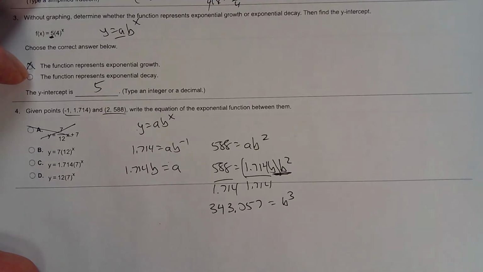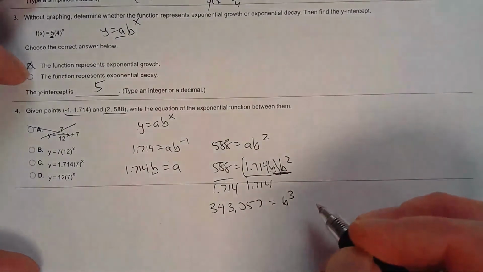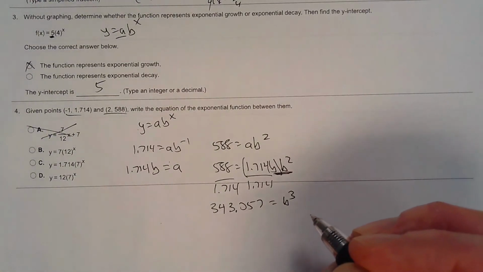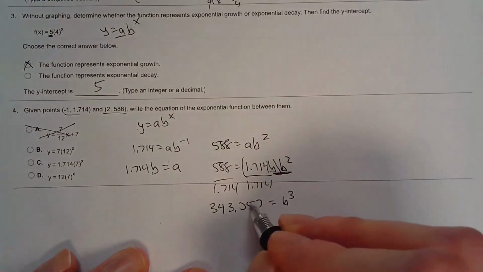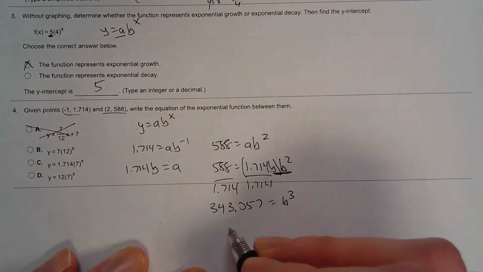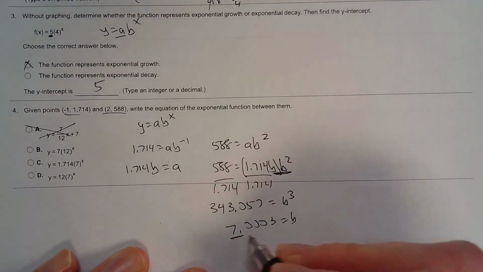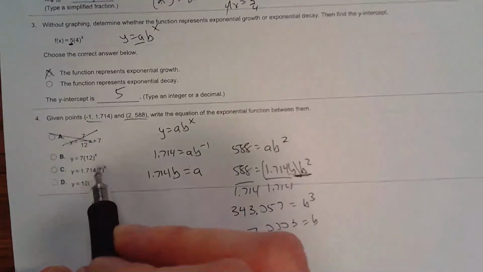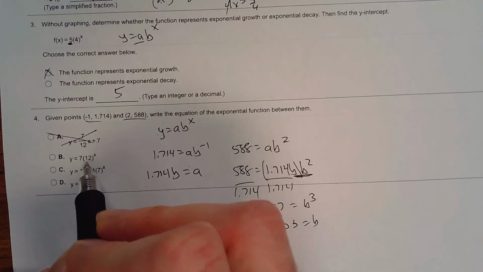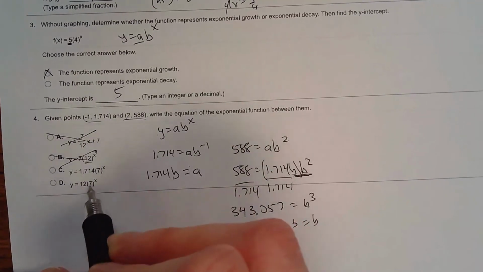Now if I take the cube root of that, it's about 7. I'm not sure, so this must be rounded. If I cube root that, it's like 7.0003 equals b, so we're going to say 7. So out of these, the one where b is 12, throw it out. It's one of these two.